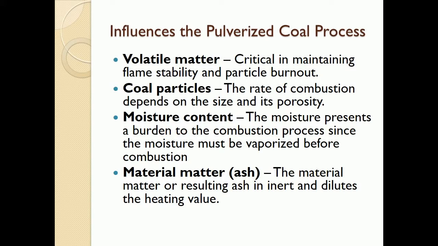The moisture content of the coal presents a burden to the combustion process. The moisture must be vaporized before combustion. And 4. Mineral matter or ash is inert material which dilutes the heating value of the fuel supplied to the furnace and must be extracted from the furnace in either bottom ash or fly ash.